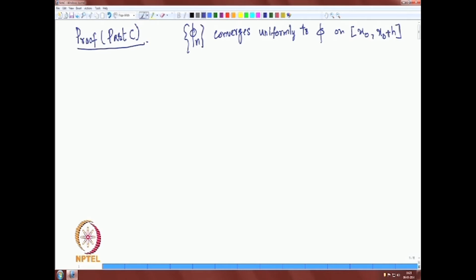And note that from part B we got an estimate for phi n.